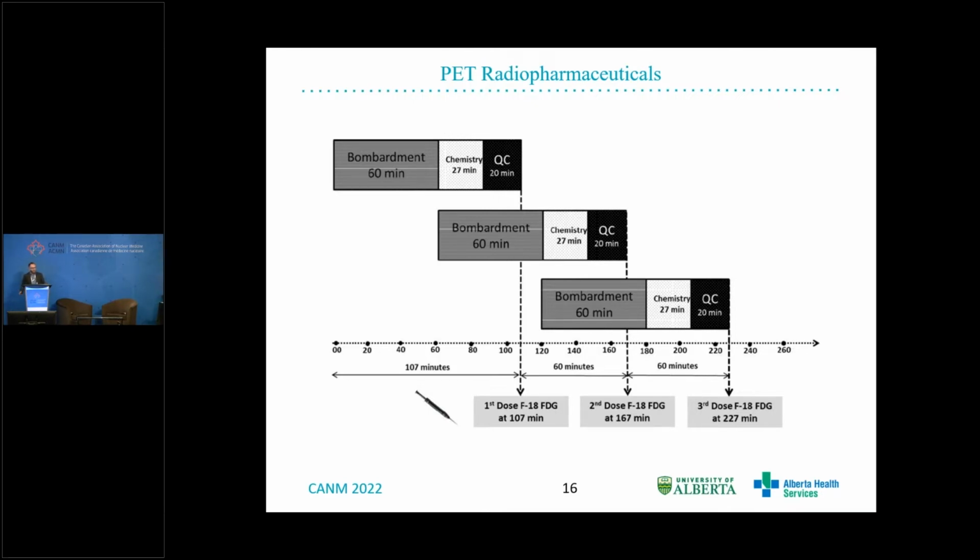We in Edmonton do 5 batches of FDG a day, so we can of course start the irradiation for the second batch right after the initial irradiation. So it ends up being about 1 hour in between the first and second shipment of FDG.